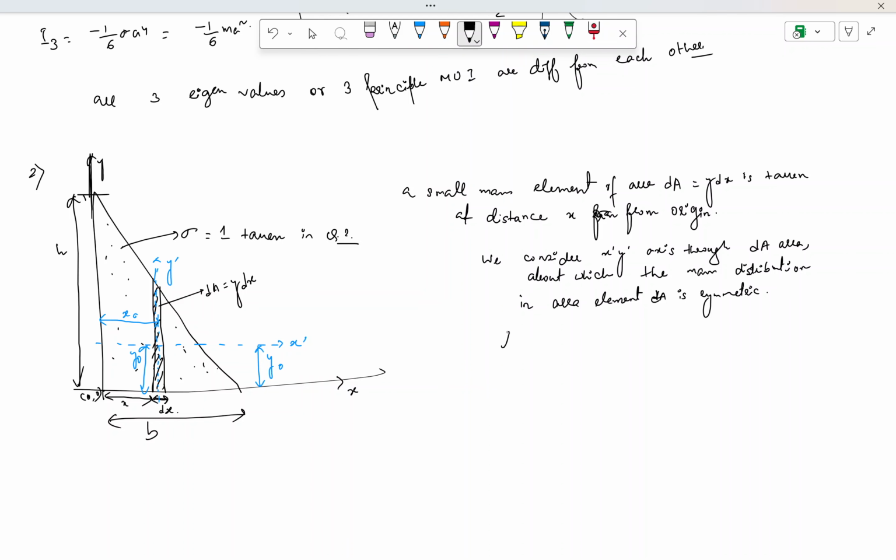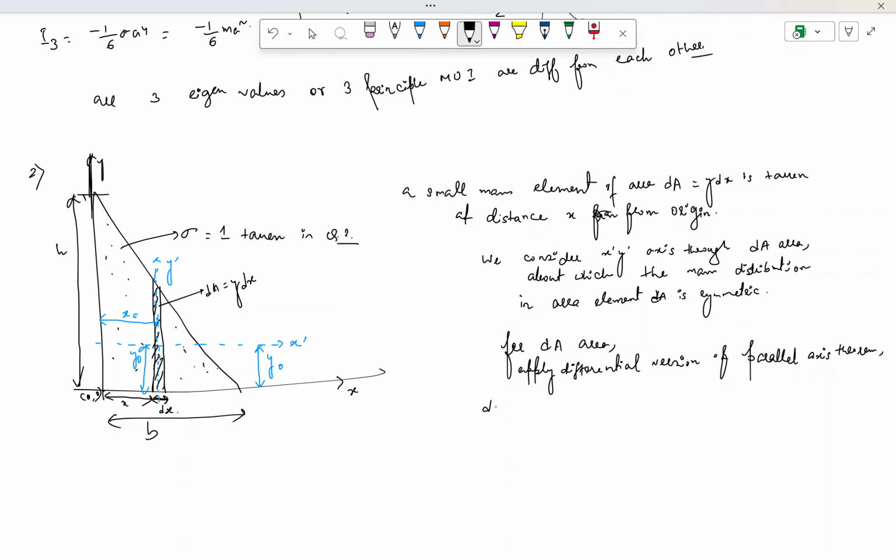That means that for dA area, apply the differential version of the parallel axis theorem.